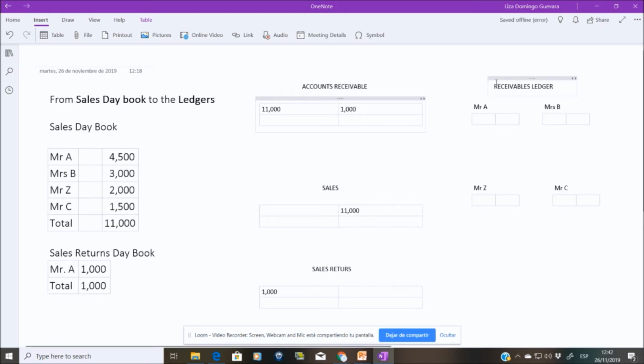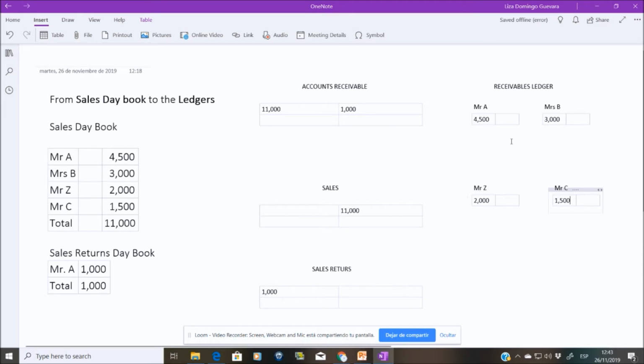And in the individual receivables ledger, we will record each of the following receivables from Mr. A, Mrs. B, Mrs. C, and Mr. Z. So for Mr. A, we have 4,500, Mrs. B 3,000, Mrs. C 2,000, and Mr. Z 1,500.